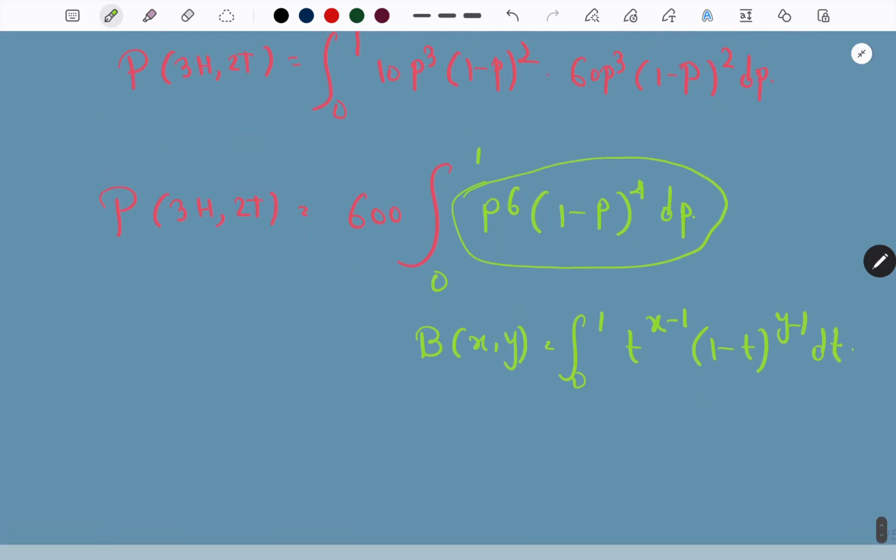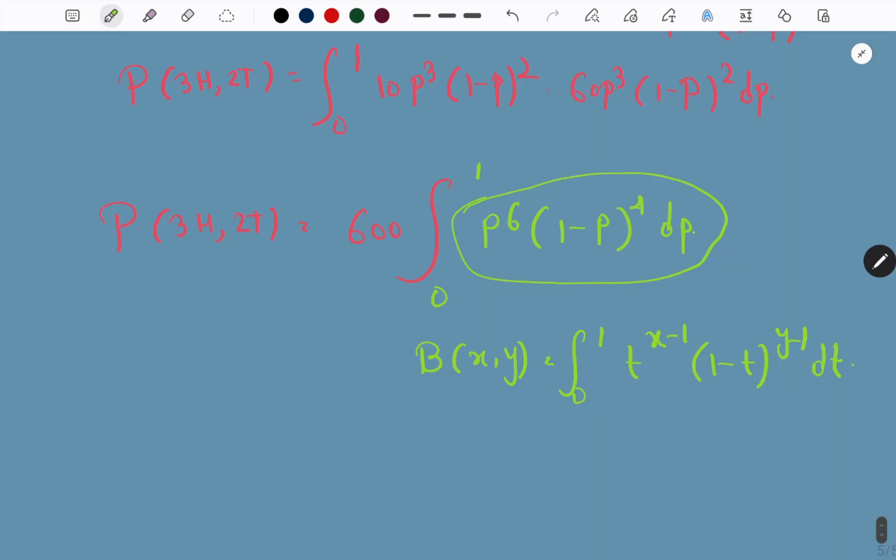Now here we have the integral from 0 to 1 of p to the power 6 (1 minus p) to the power 4 dp, which can be written as beta of 7 comma 5. Now we can easily evaluate beta of 7 comma 5, which is equal to gamma of 7 gamma of 5 divided by gamma of 12.